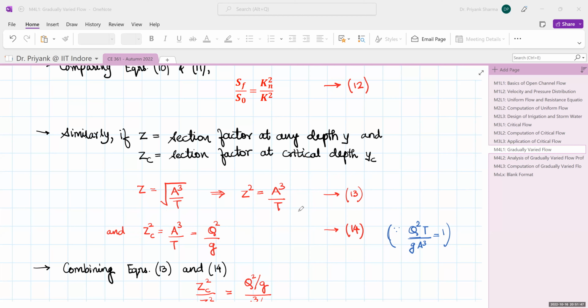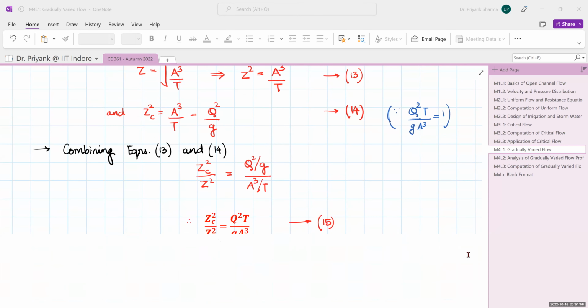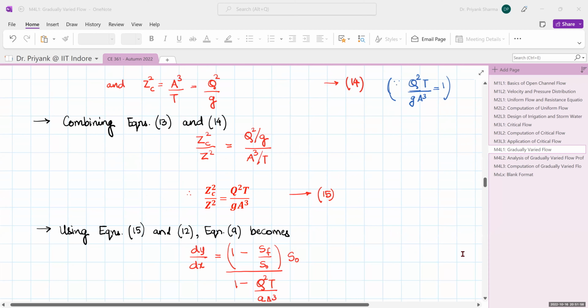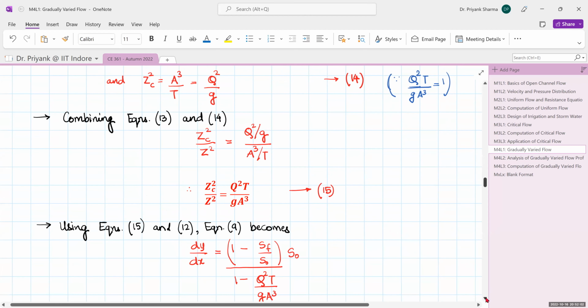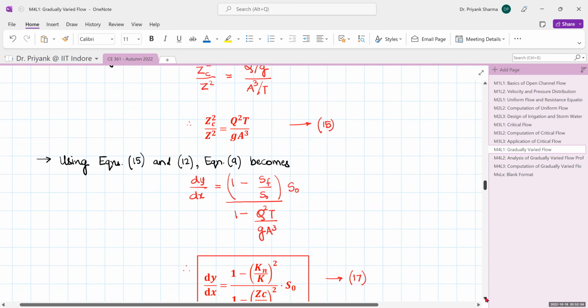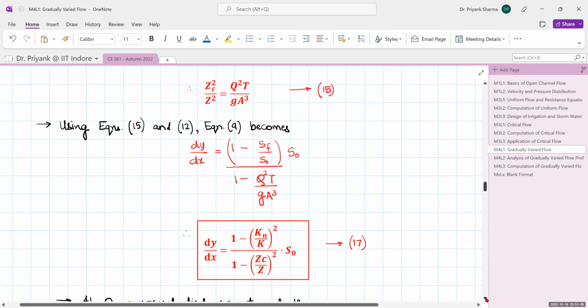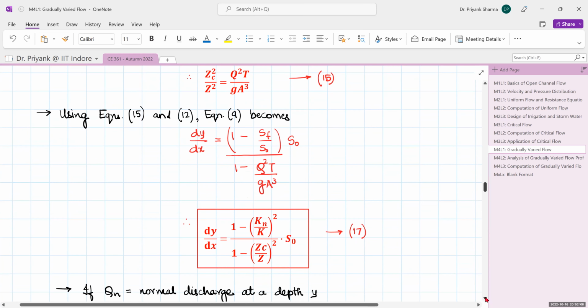Because we have the relation Q square T upon gA cube is equal to 1, let us compare equations 13 and 14, and you get Zc square upon Z square is equal to Q square by g upon A cube by T, and you get Zc square upon Z square is equal to Q square T upon gA cube. So this is equation 15.